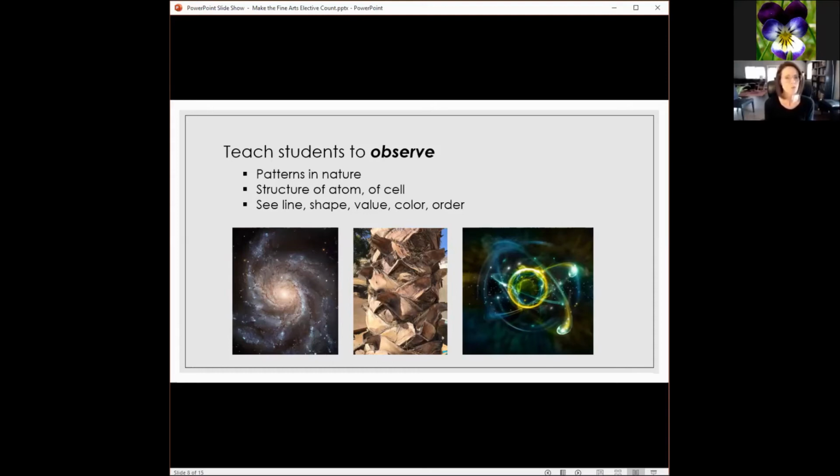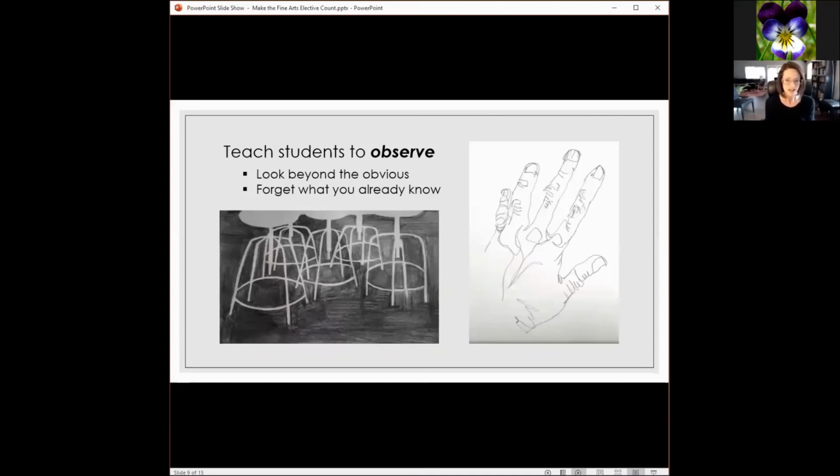We teach them what those design aspects are in relationship to the things that they see around them. And then we have them work with those principles and those elements. And we say, now let's look for those things, and let's try to find them and capture them.